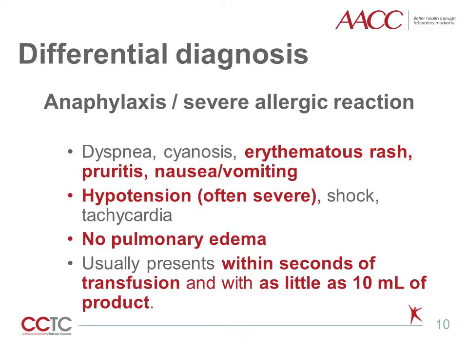These reactions can occur within seconds of the transfusion and with as little as 10 milliliters of blood product. Treatment involves stopping the transfusion and treating with oxygen and intubation as necessary. Epinephrine is the most effective initial medication for treating anaphylaxis.